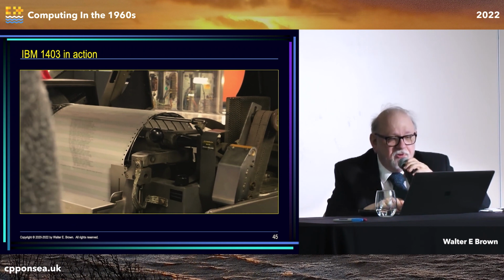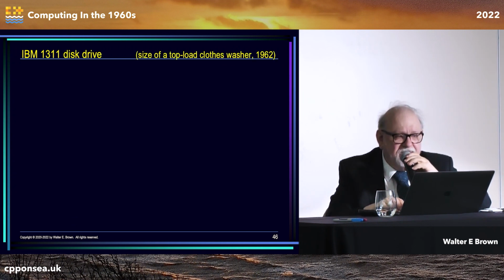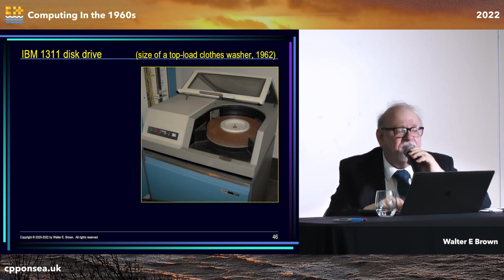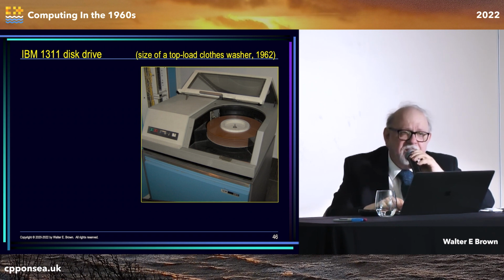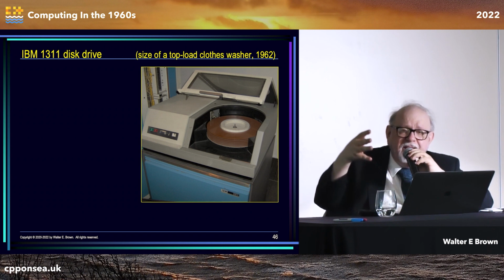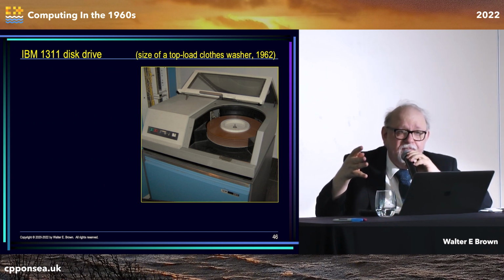Let me talk about another peripheral. We finally got disks. The IBM 1311 disk drive. That's what it looked like. Now, you can't see all the interesting parts, but at the back, retracted in this image, was a set of what we refer to as the read-write heads.